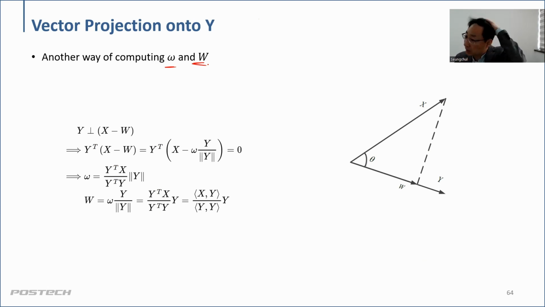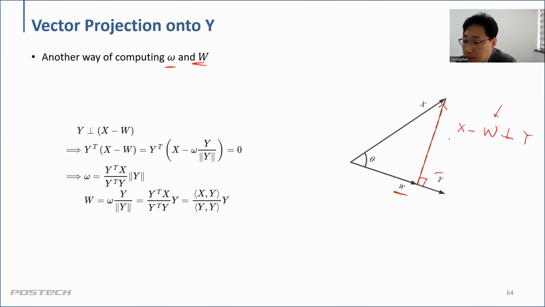This is something that I like. We don't know omega, but we want to find it. Say x minus w is this vector. Because we made a projection on top of y, we know that this vector and y are orthogonal.